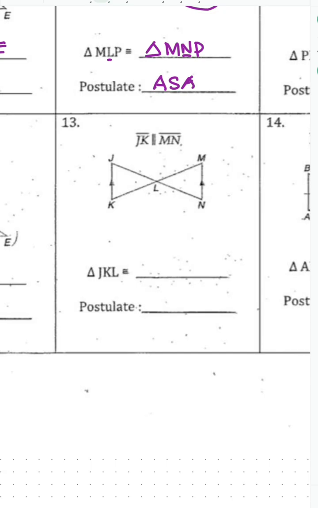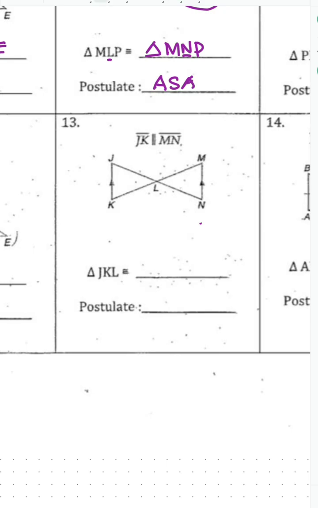Then number 13, JK, where's JK? This one is parallel to MN. So you can extend this one. Let's try to extend. That's the only given information. So if we're going to extend JKL, triangle JKL.